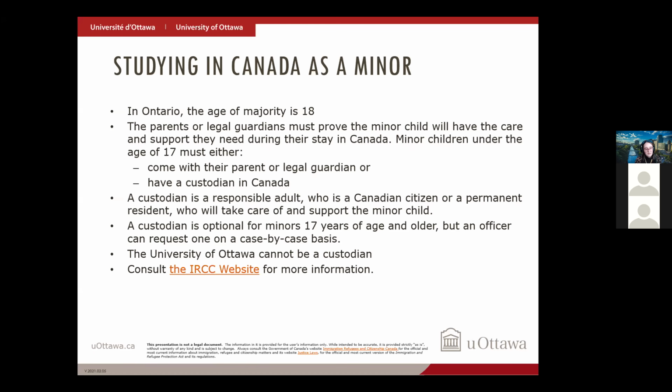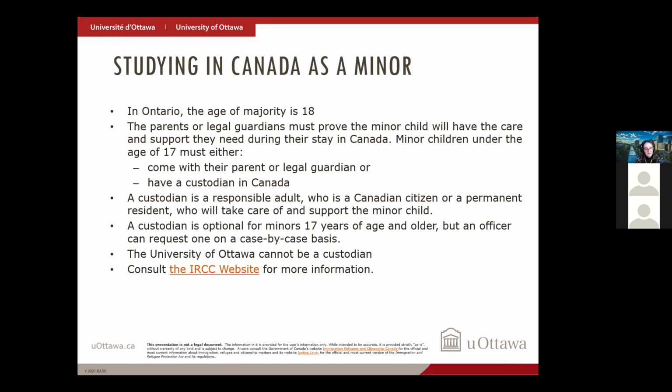Now, if you are 17 years old or older, the custodian is actually optional. So when you fill out your application, let's say you're 17, you don't have to include that custodian declaration. However, an officer can request one on a case-by-case basis. It's up to you whether you want to include one proactively or wait to see if it's asked of you by the immigration officer.